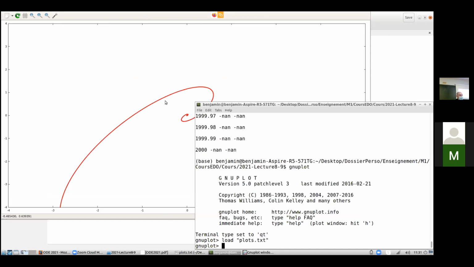We can also compute the solution of the system y prime equals Hy.